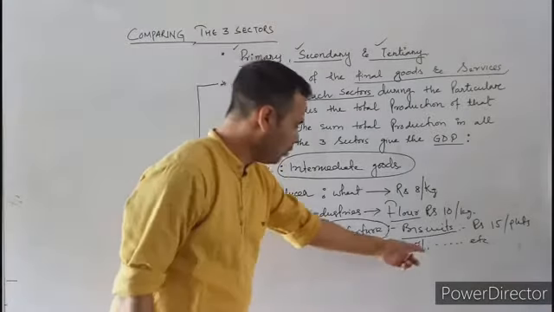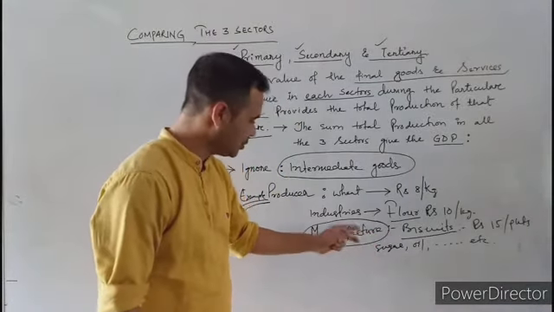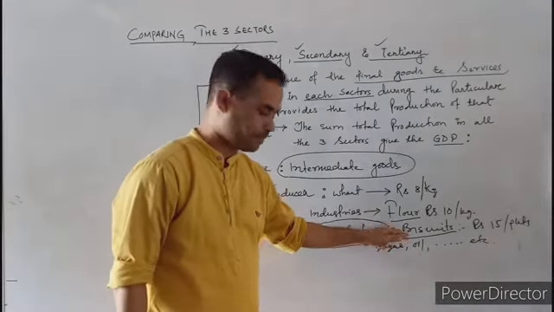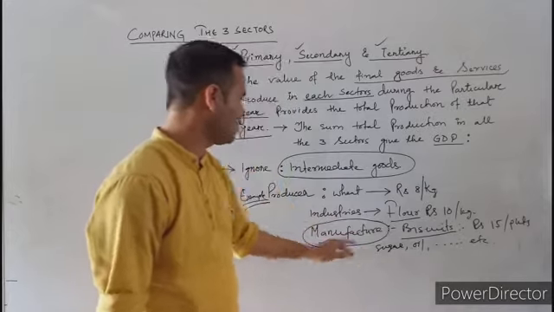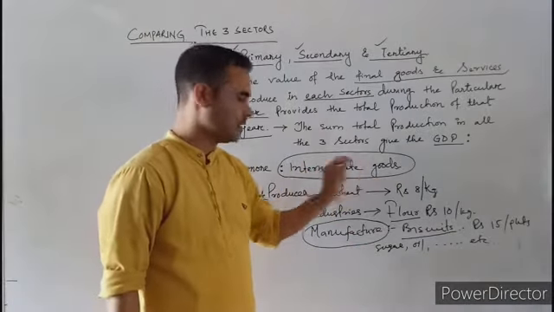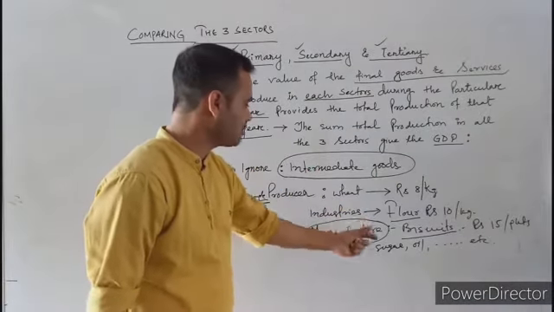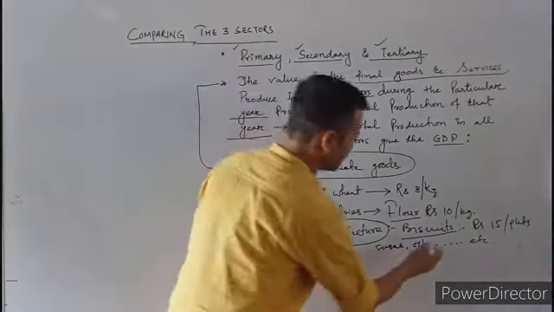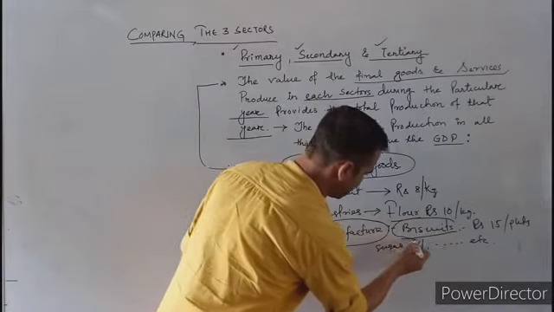So all these things which are used by the manufacturer to manufacture the biscuit, these goods are called intermediate goods. Now, what is the finished product of the wheat here? The finished product of the wheat here is biscuits, right?